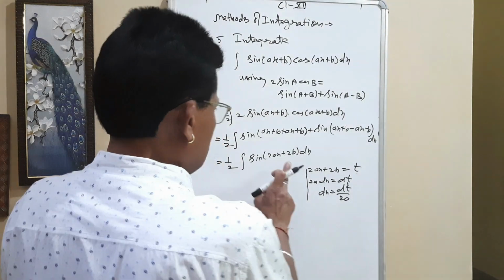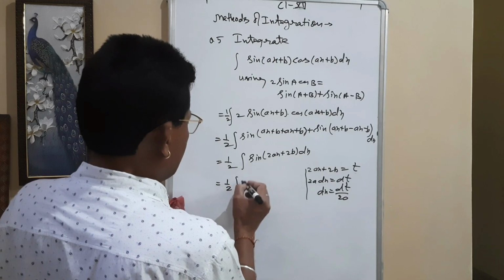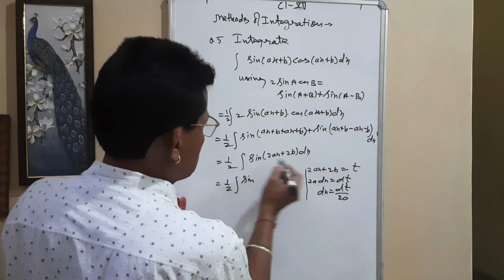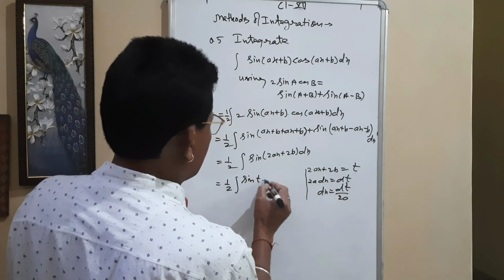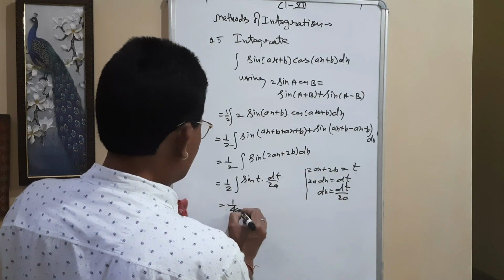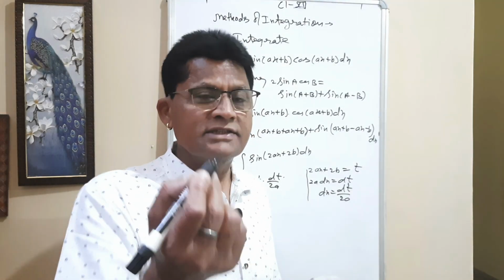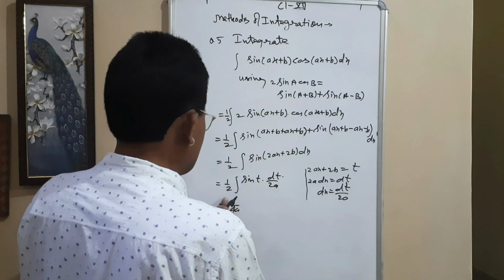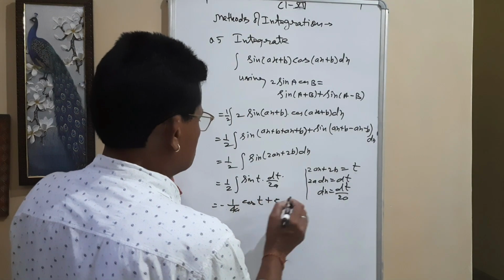Okay, see, I will tell an important secret inside this. 1 upon 2 sin, what does it mean? In place of it you will write t, and in place of dx you will write dt upon 2a. Then it will be 1 upon 4a sin t. Integration of sin t is minus cos t plus c.